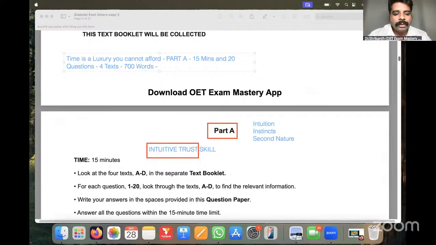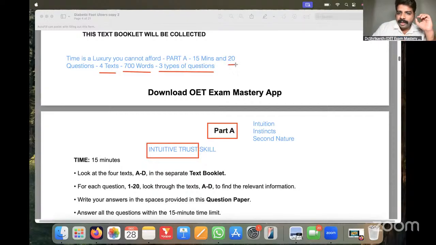There are also three types of questions. As you can see over here, the complexity keeps building. There are three types of questions, and there are four texts, and in those four texts there will be almost 700 words. There are 20 questions and you have only 15 minutes.